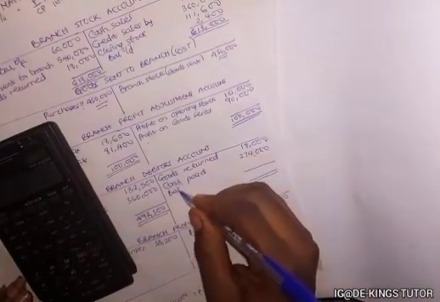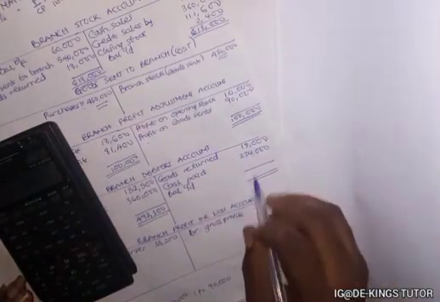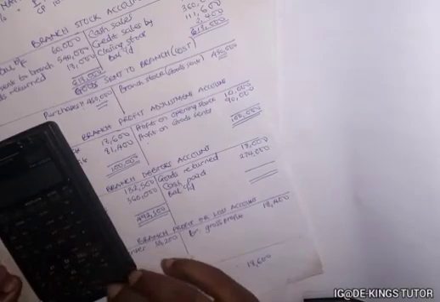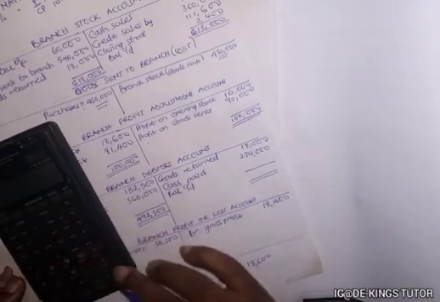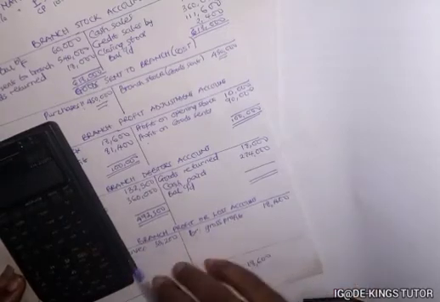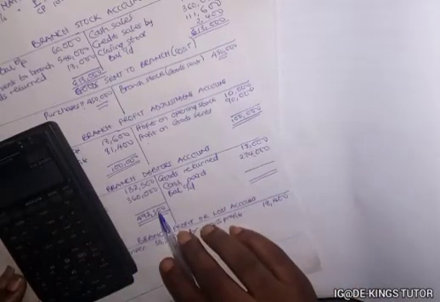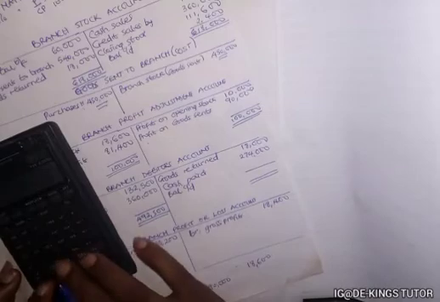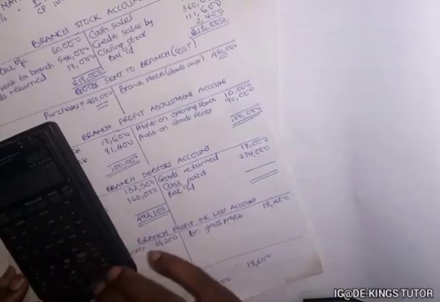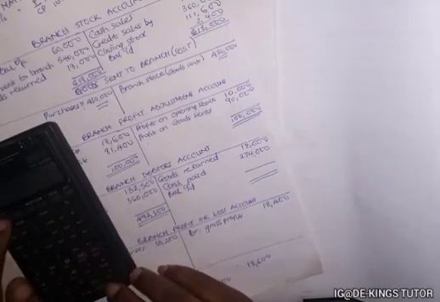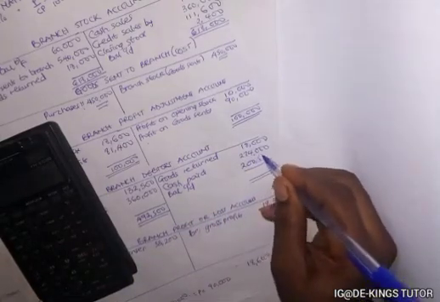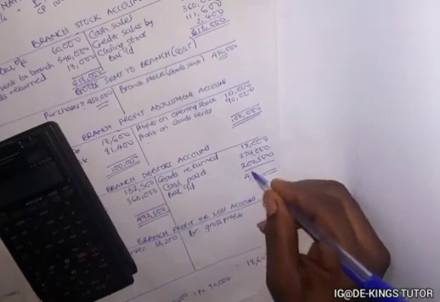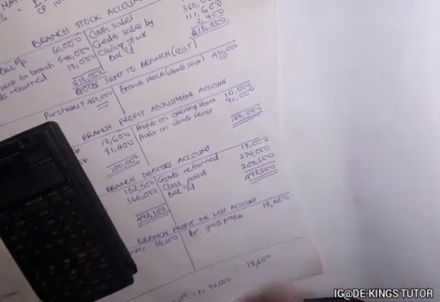So we have a balance carried down here. So this is 274,000 plus 18,000. That's 292,000. So deduct it from the total 492,500. So we'll have 200,500. So when you add together, it's 492,500.